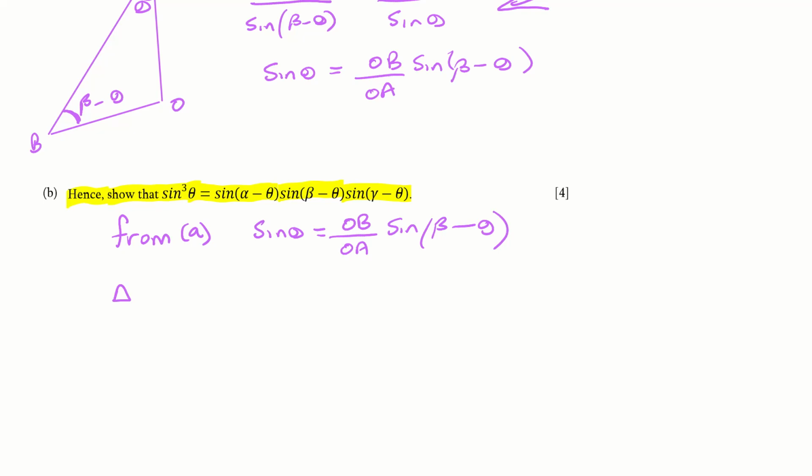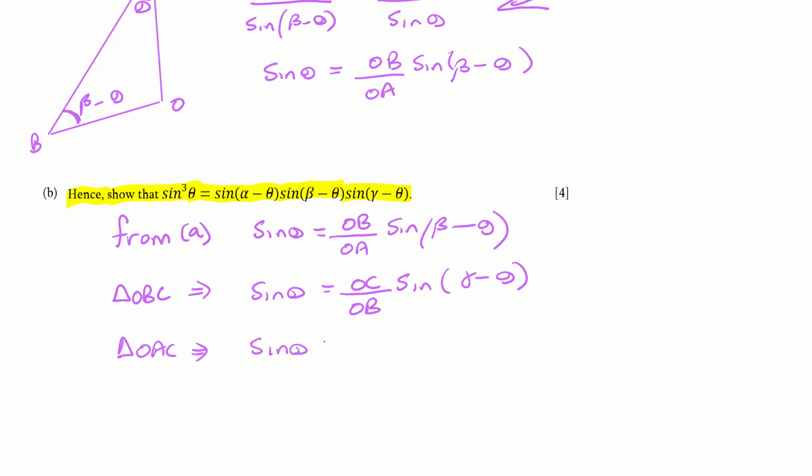So from triangle OBC, we would get sine theta is OC over OB sine gamma minus theta. And from triangle OAC, we would get that sine theta is equal to OA over OC sine alpha minus theta.